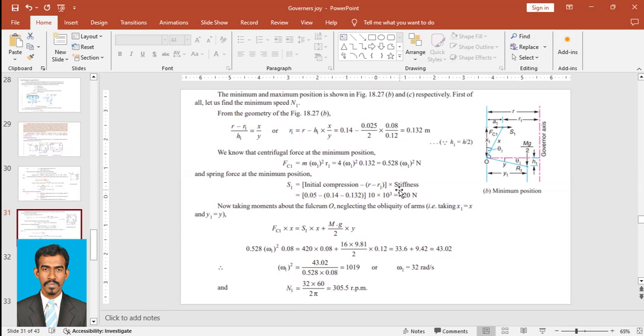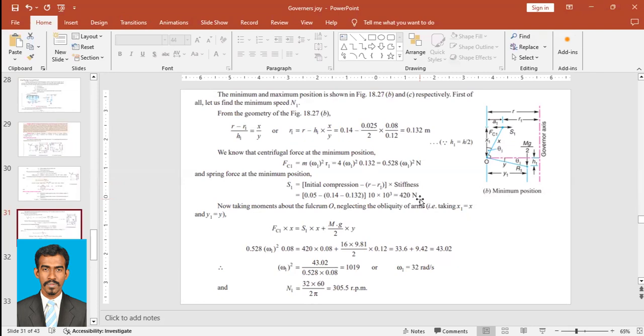When you solve it, S1 is equal to 420 Newton. So now we have found the spring force: 420 Newtons at minimum. Now we can apply the moment equation.